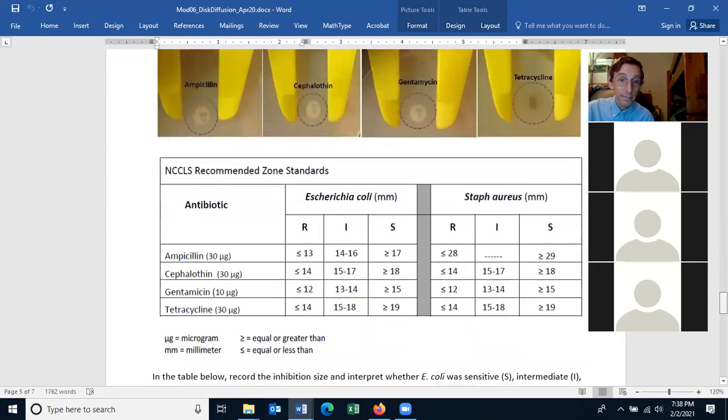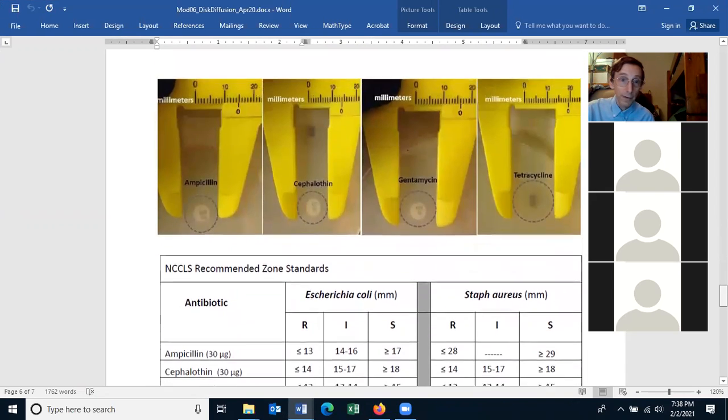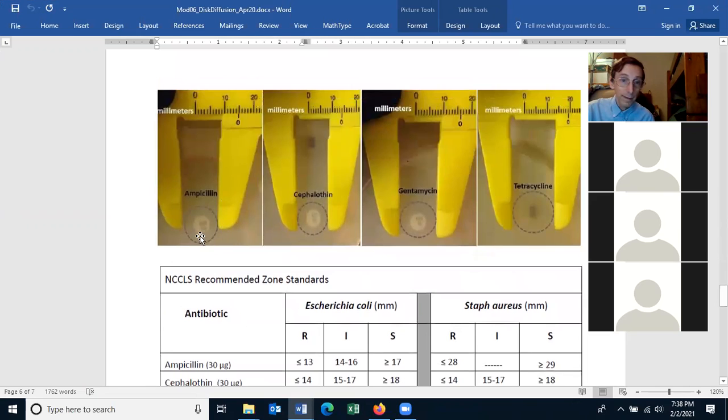Take a look at this, and it's showing you the measurement of the zone of inhibition, the circle, for ampicillin, cephalothin, gentamicin, and tetracycline.